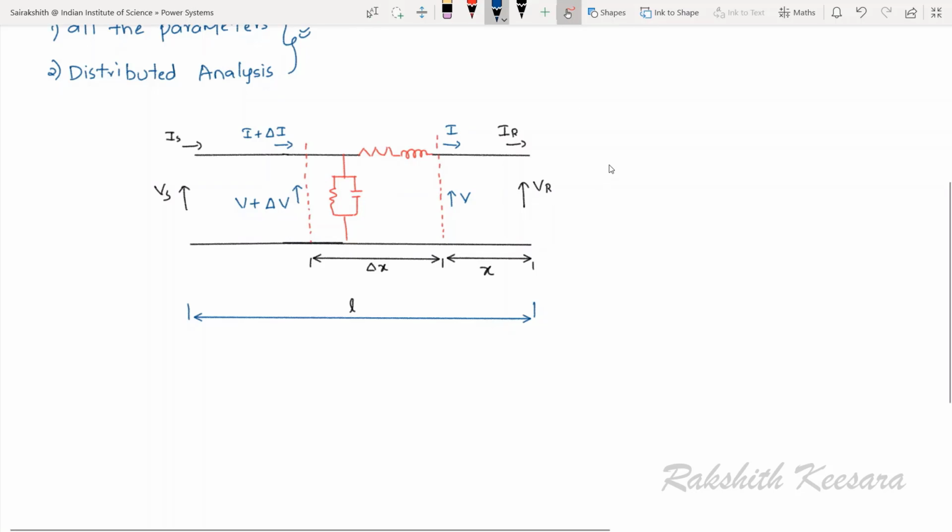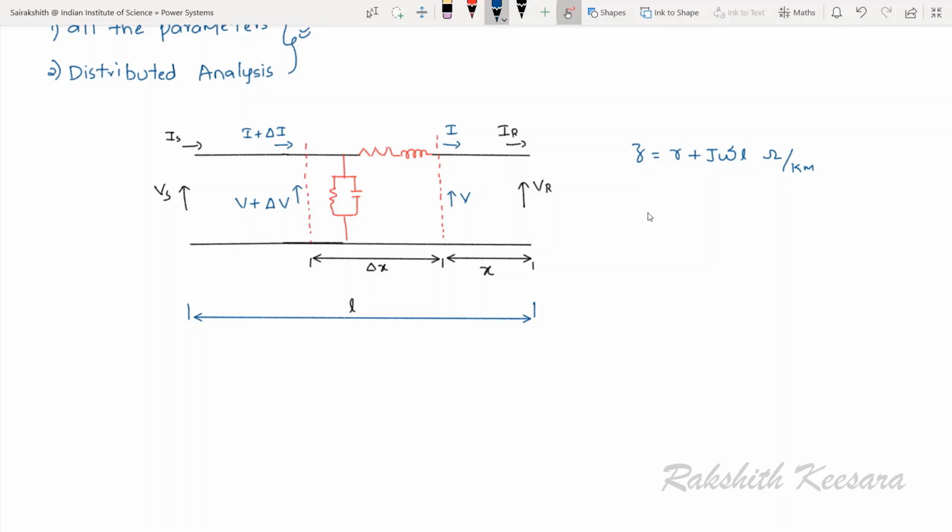Now let me define my parameters. If we see the series parameters, I am defining them per unit length. So my z, let me represent this by using a lowercase letter, will be R plus j omega L ohm per kilometer.